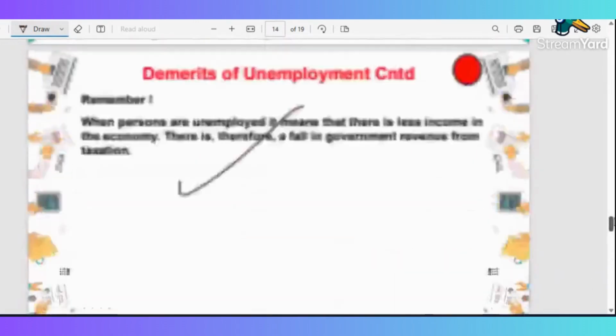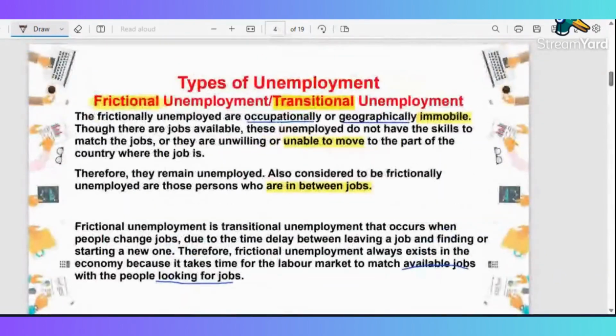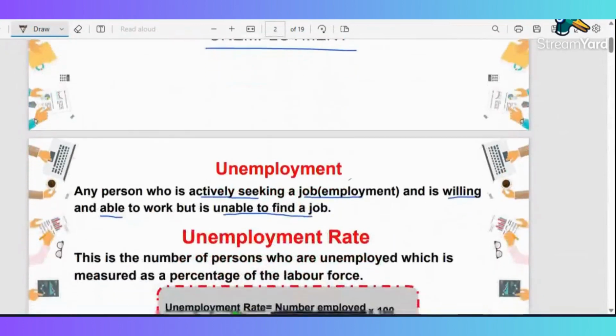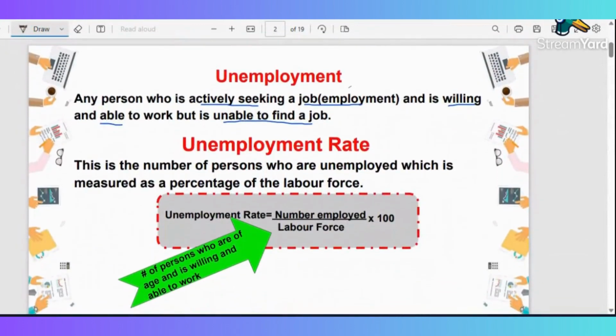So this is all for unemployment. We looked at the types, the causes, the benefits, and the measures. Earlier we said that unemployment is any person who is actively seeking a job, right, and is willing and able to work but is unable to find a job.